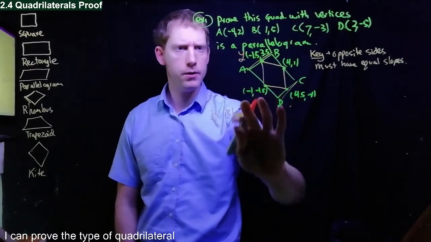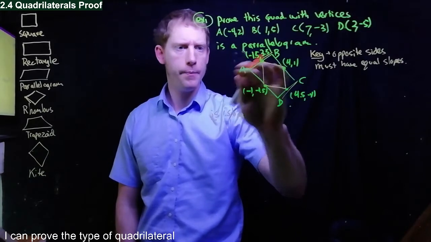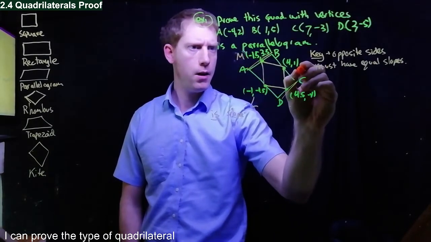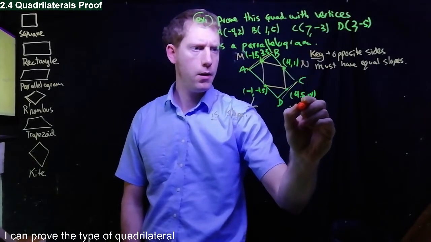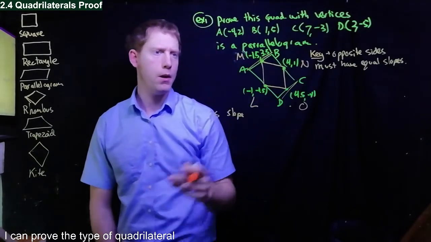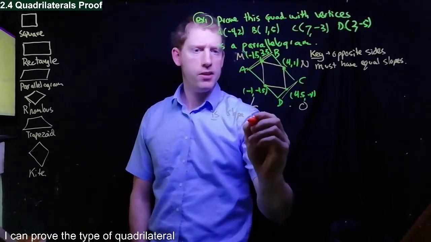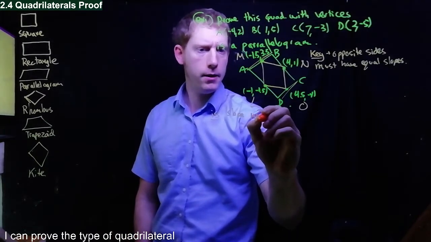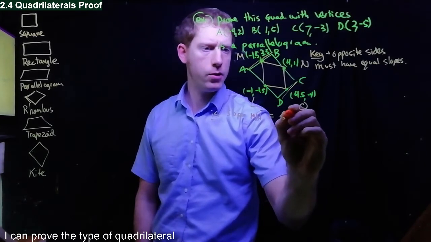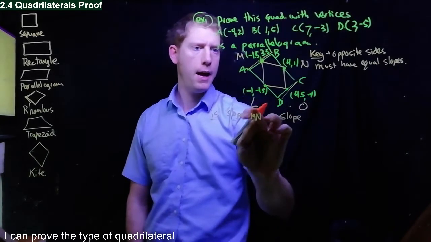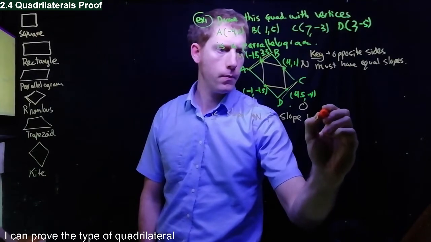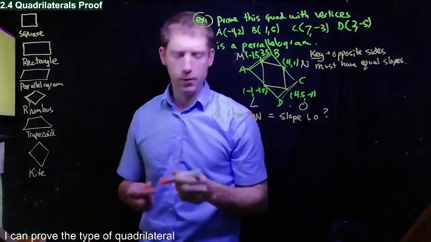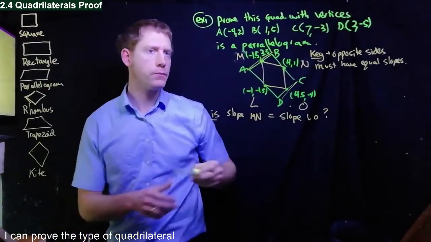Let's do this: L, M, N, O. Is slope MN equal to slope LO? If that's true, then these two are parallel. So let's have a try with that.